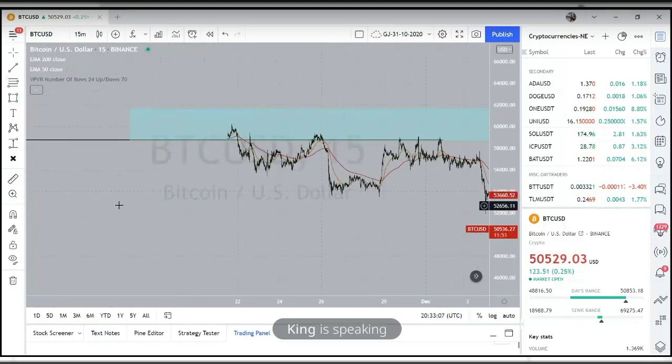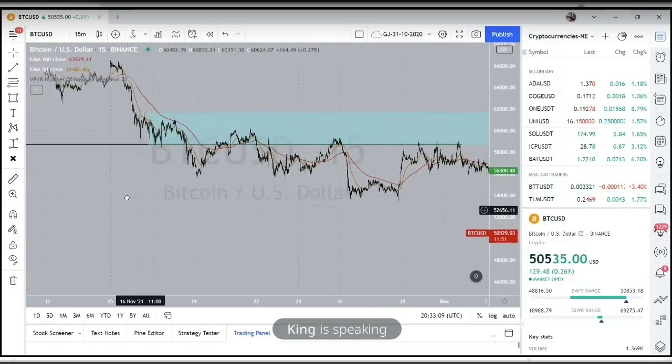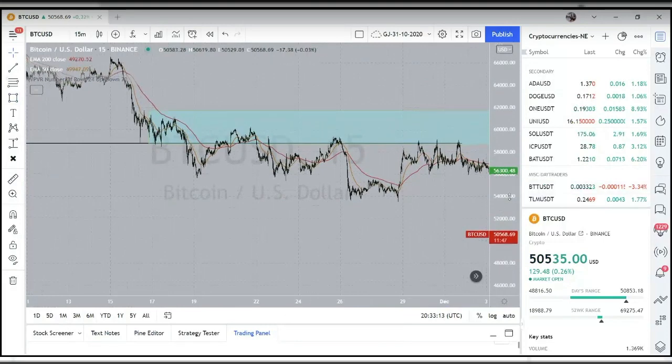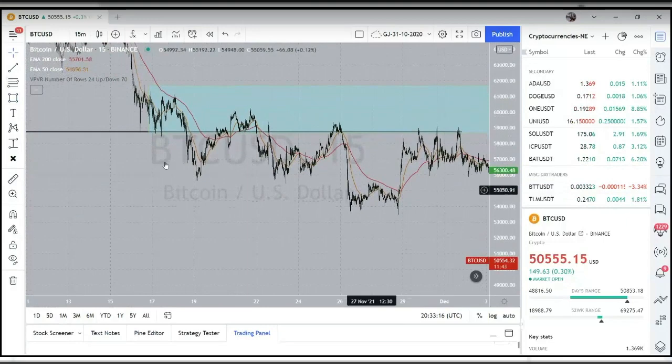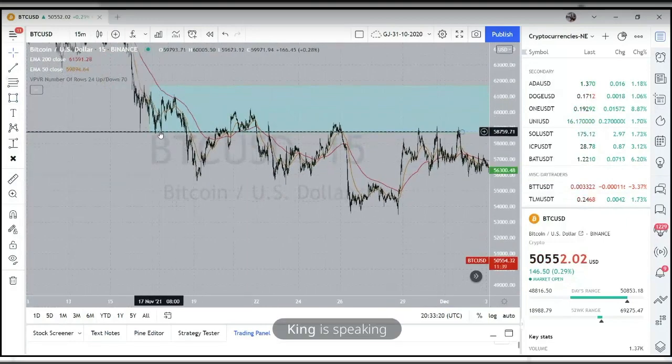So let's just look at it here. We've got this high here, market structure is broken further here, so that's a confirmation of continued bearishness.